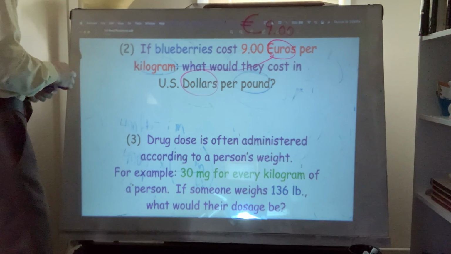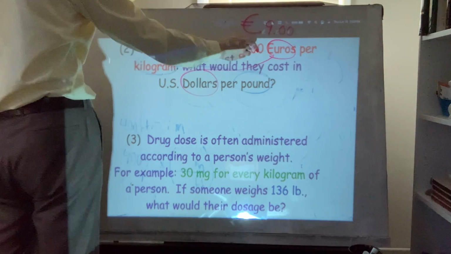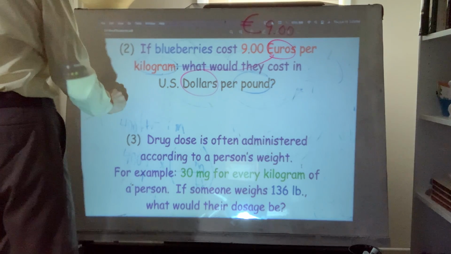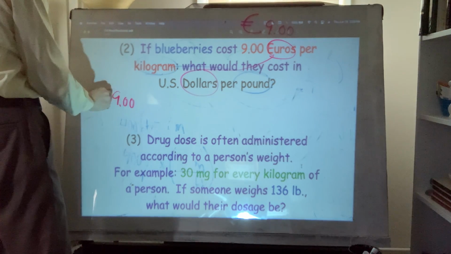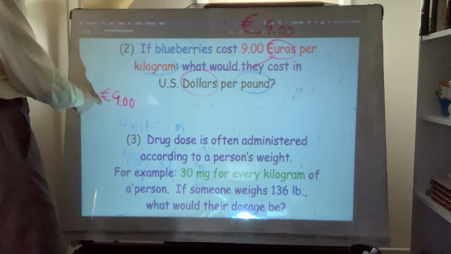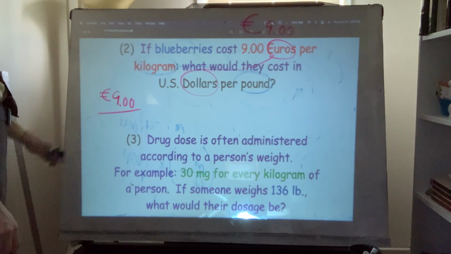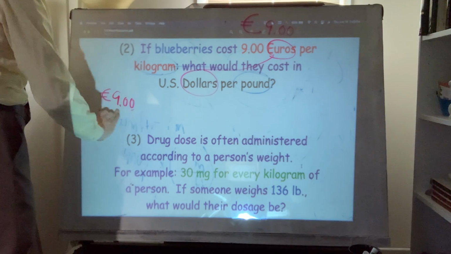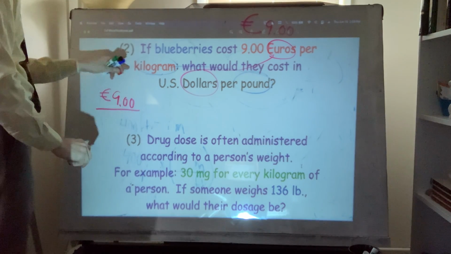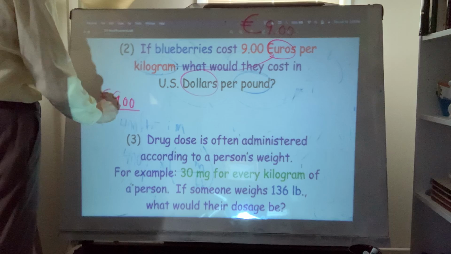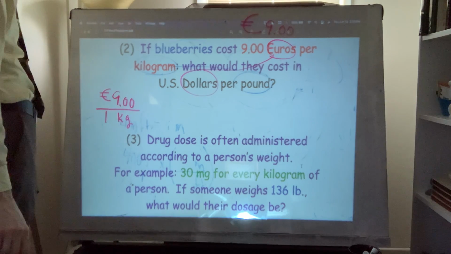All right, let's start with what we're given here. 9.00 euro, again, since it's a counted unit, would be in the front. All right, per is this line, and it's per 1 kilogram, I would assume, so kg down here.